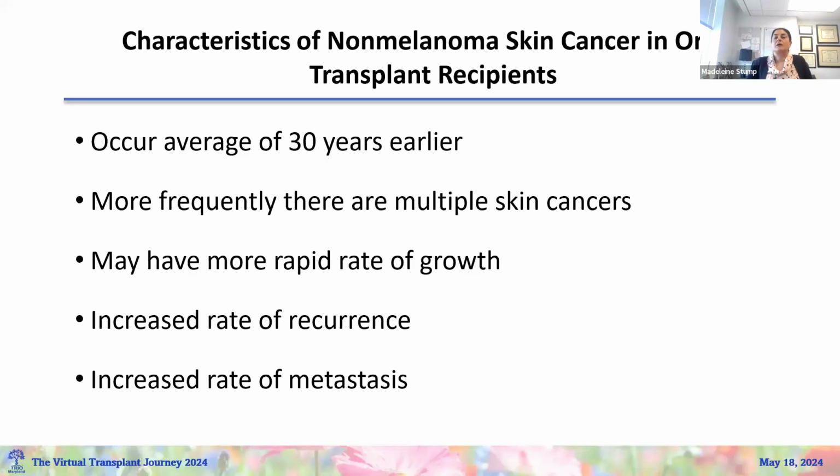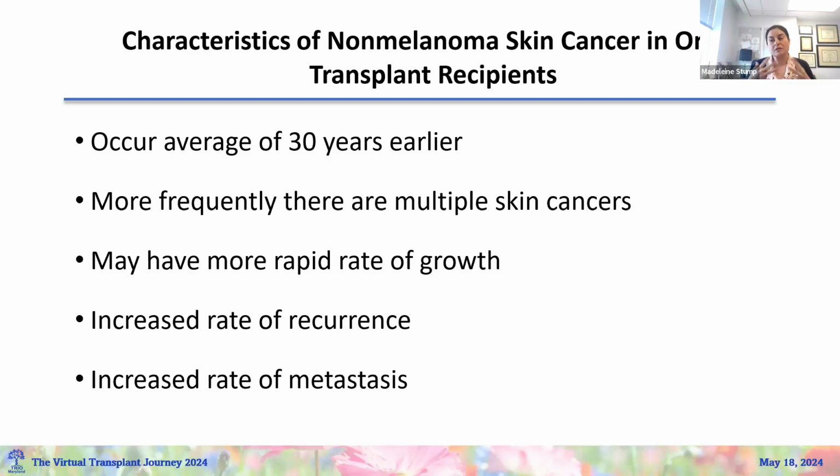So let's talk about the characteristics of non-melanoma skin cancer in organ transplant recipients. They tend to occur on average 30 years earlier. If you think about this, there is a phenomenon of the immune system. With normal aging, it goes through a process called senescence, or slowing down.